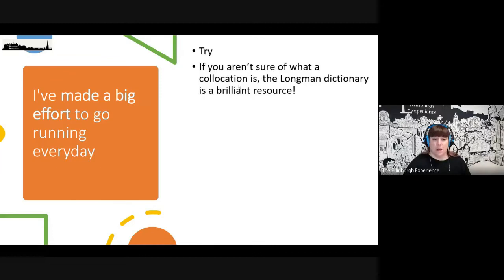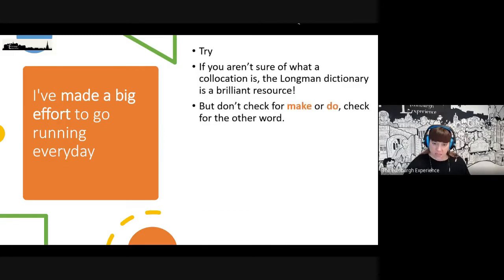So if you aren't sure, guys, of what the collocation is for the word that you're looking for, the Longman Dictionary is a really, really brilliant resource for this, okay? But just a little tip. If you're checking for a collocation about make or do, don't check for make, check for the other word in that collocation.